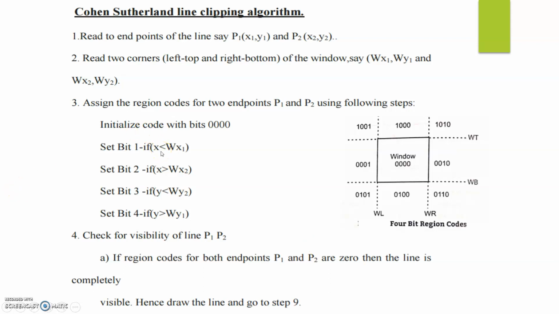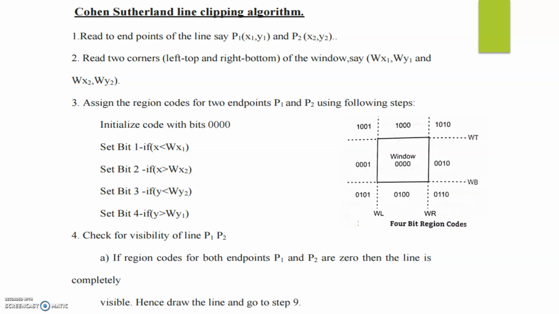Next we will study the Cohen-Sutherland line clipping algorithm. We have studied what line clipping is: we consider only the part of a line which is inside and discard the part of the line which is outside. First step is to read two endpoints of a line, say P1 and P2.